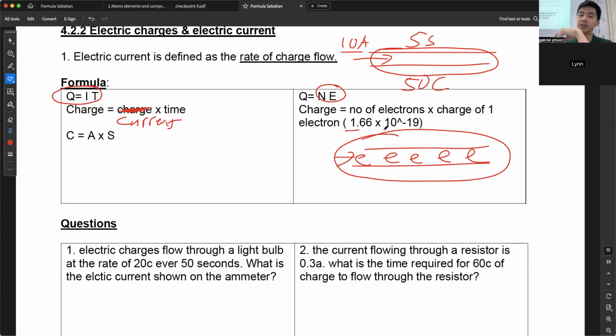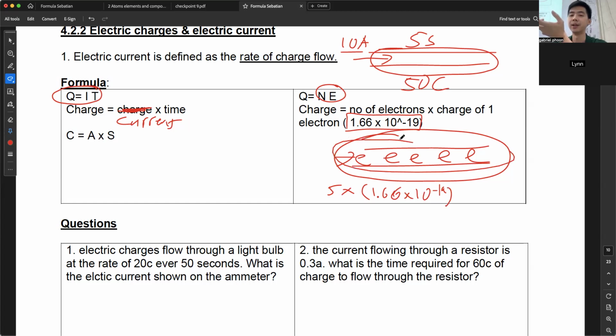This is actually a constant: 1.66 times 10 to the power of negative 19 is the charge of one single electron. If there are only 5 electrons flowing, it will be 5 times 1.66 times 10 to the power of negative 19. I press this in the calculator, and I'll get the amount of charge flowing in this wire.